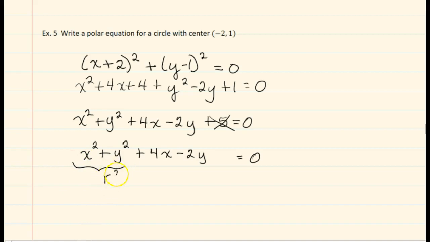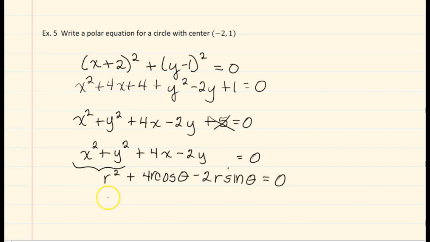Using our conversion relations, x squared plus y squared is equal to r squared, 4x is 4r cosine theta, and negative 2y becomes negative 2r sine theta. So we're going to get the equation r squared plus 4r cosine theta minus 2r sine theta is equal to 0.